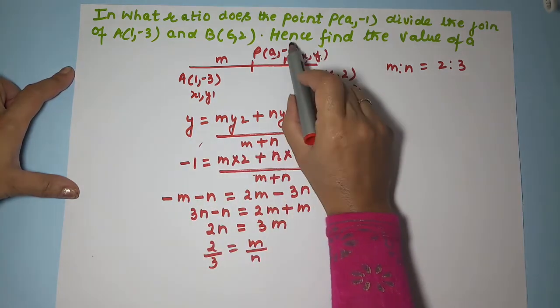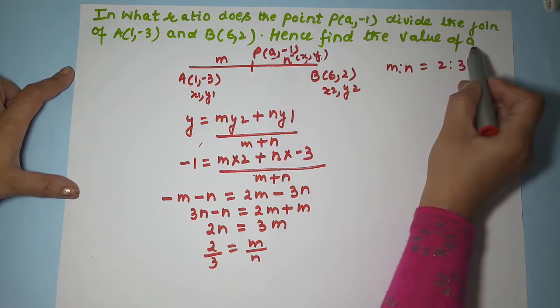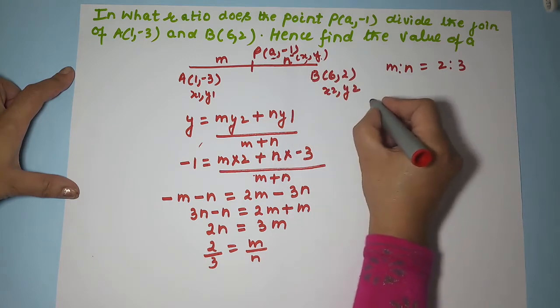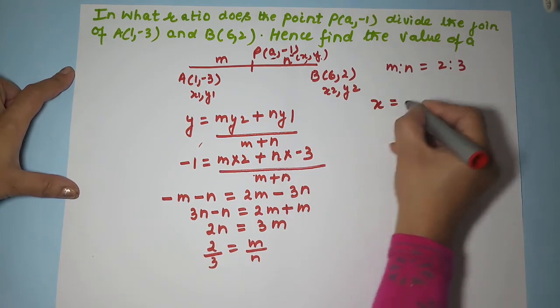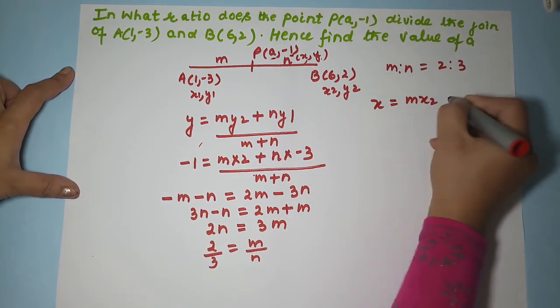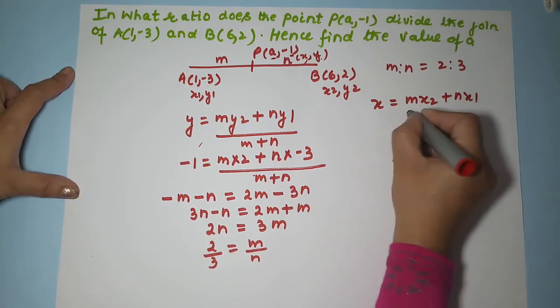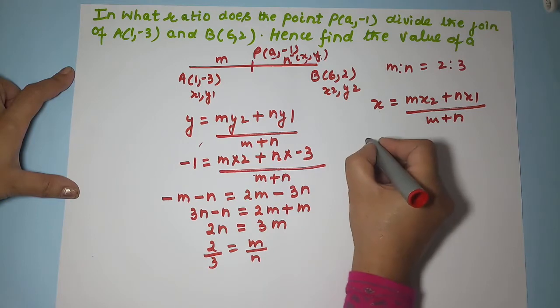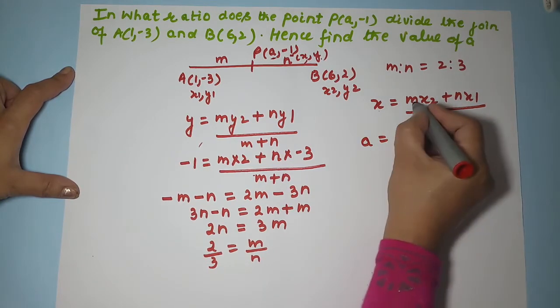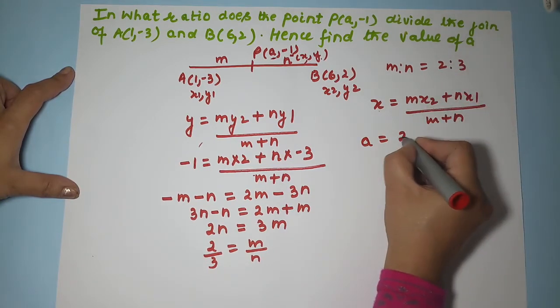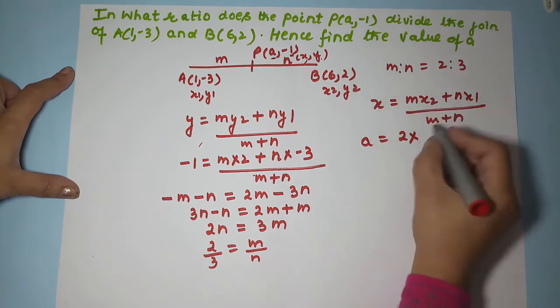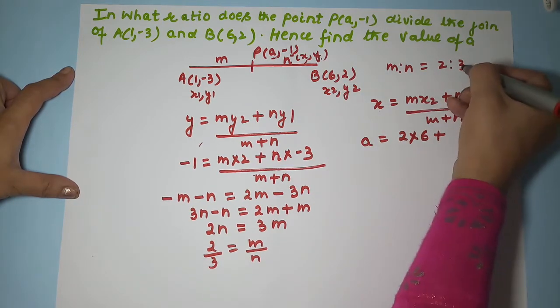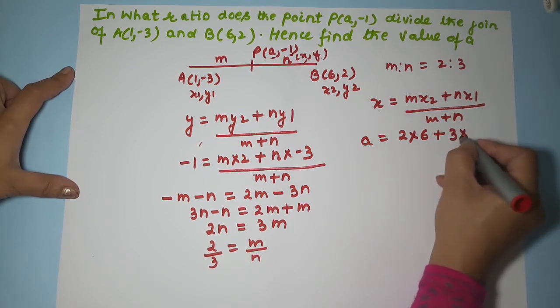Now after that he wants me to find the value of a. Now a is at x's place, so x equal to (mx2 plus nx1) upon (m plus n). x is a, so I will substitute x as a. m I have found, how much is that? 2, times x2, that is 6, plus n I have found as 3, and what is my x1?